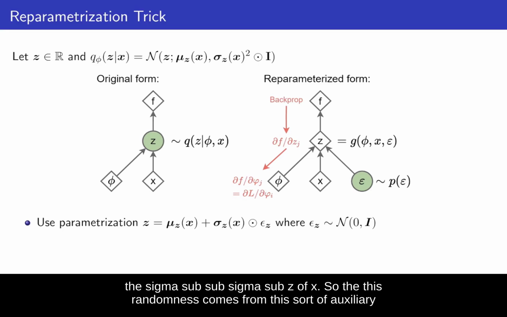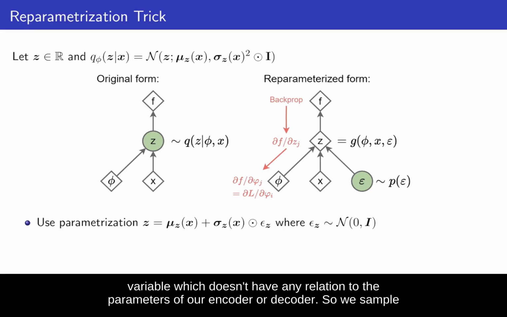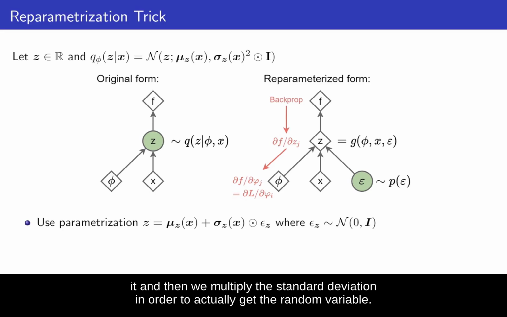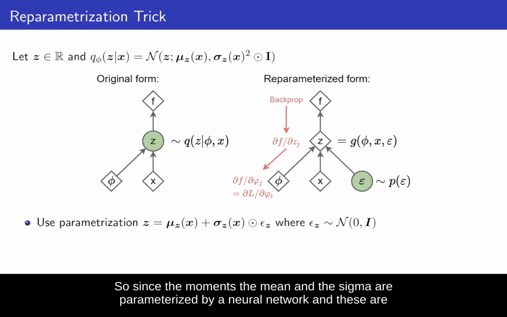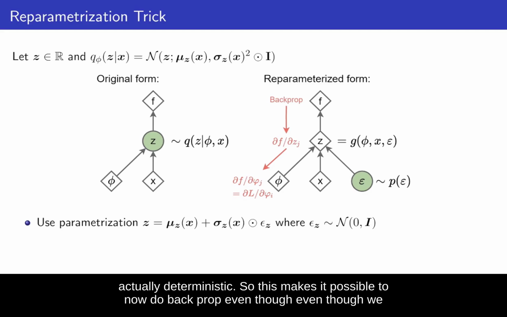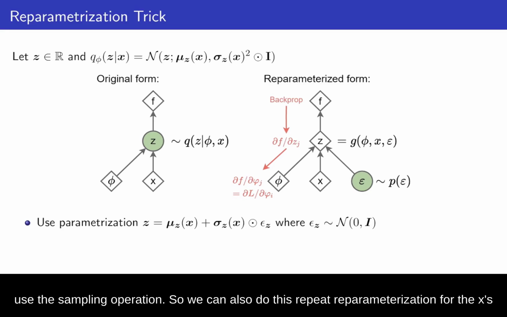The randomness comes from this auxiliary variable, which doesn't have any relation to the parameters of our encoder or decoder. We sample it and then multiply by the standard deviation in order to get the random variable. Since the mean and the sigma are parameterized by a neural network and are deterministic, this makes it possible to do backprop even though we use the sampling operation.